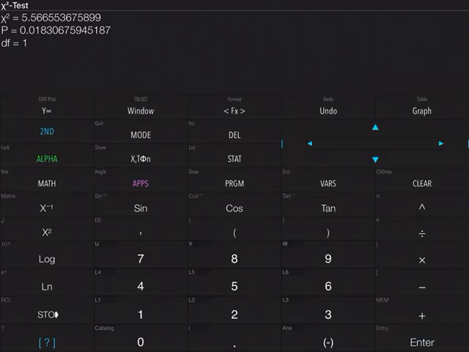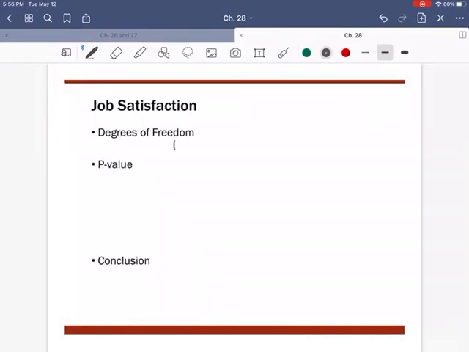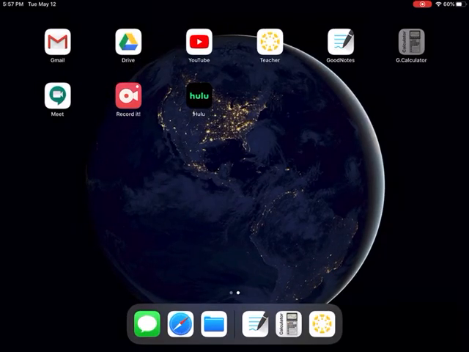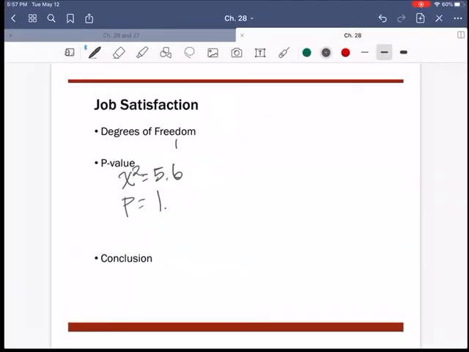And it gives us some numbers here, so let's write those down, and then we'll talk about how to use each of these. So chi-square is 5.6, P is 1.8%. Degrees of freedom was 1. I'll show you how to get that in a moment.